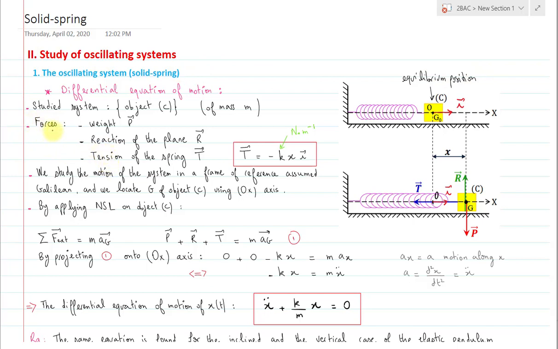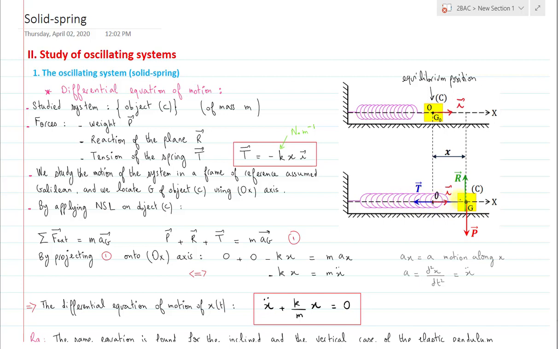So the second step is forces. Object C is subject to its weight, it's subject to R, the reaction of the plane, and to the tension of the spring, which is the restoring force of the spring.